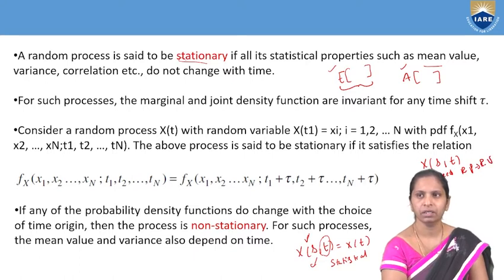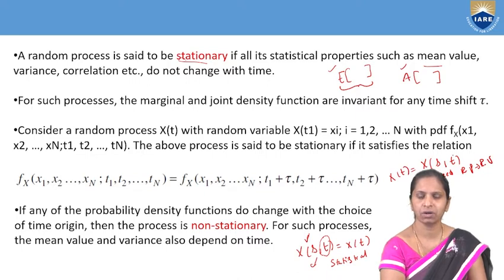Random variable. If the time is fixed, then this random process x of s comma t can simply be represented by x of t, and this random process is considered as a random variable. If you fix one of the variables, which variable are you going to fix? If you fix the time variable, then this random process is a function of what?